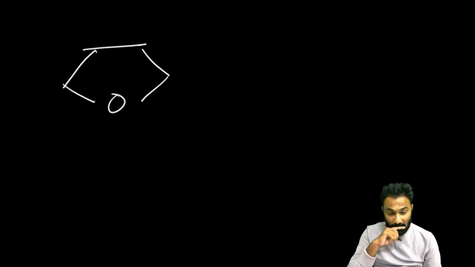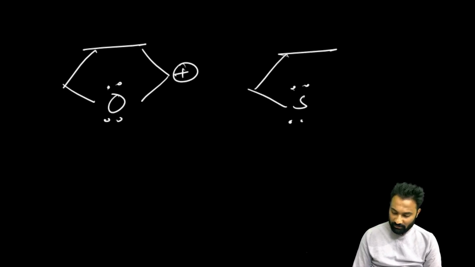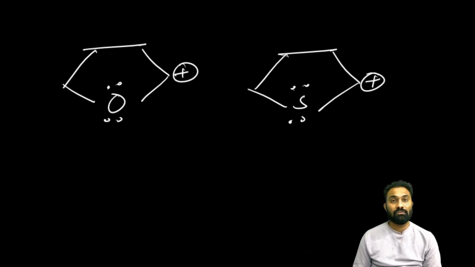Let's suppose this cation and oxygen they have given. Now sulfur they have given. Sulfur also contains two lone pairs of electrons and a positive charge. Among those two, which one will stabilize that carbocation very fast?